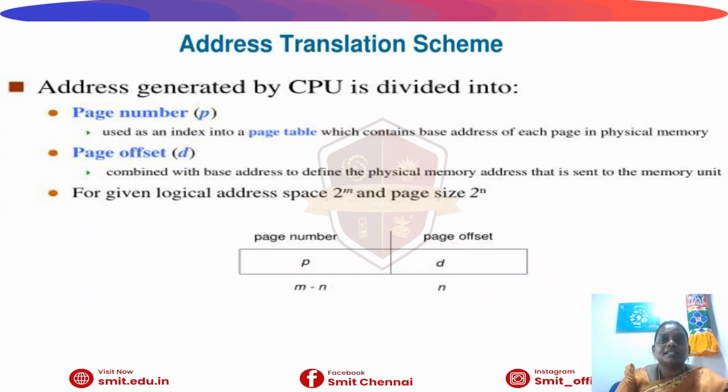And then the address translation scheme: the CPU generates a logical address, which has a page number and offset. The steps are: first, the CPU generates the logical address, and the page number is used to access the page table.